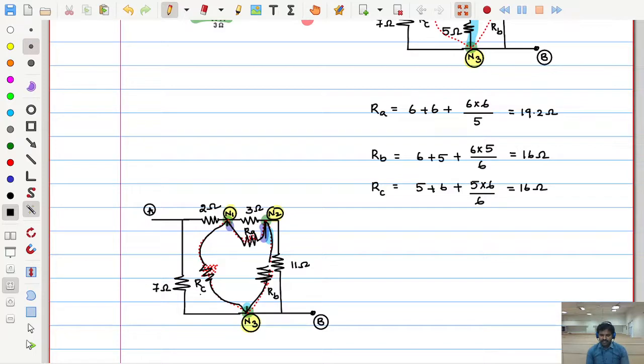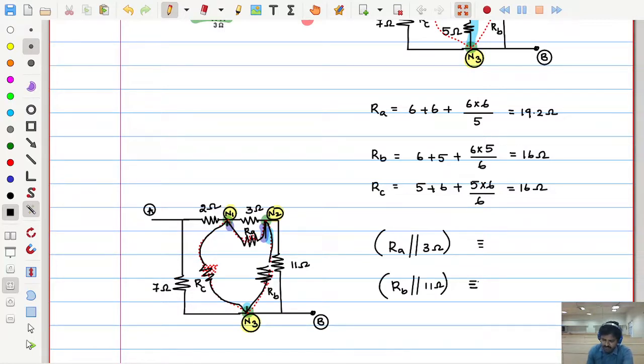Now see, it is quite easy: some are in series or some are in parallel. What are they? RA and 3, how does it look? Parallel. RA, I will write here, and 3 ohms are in parallel. How much is its equivalent? You calculate. Next, RB is in parallel with 11 ohm. Cross verify.